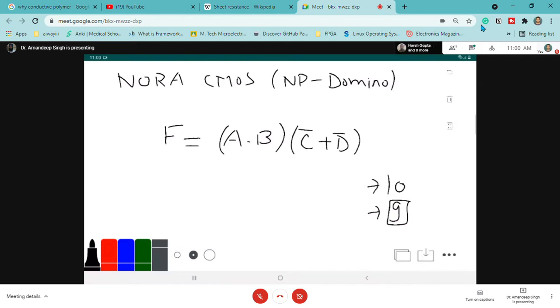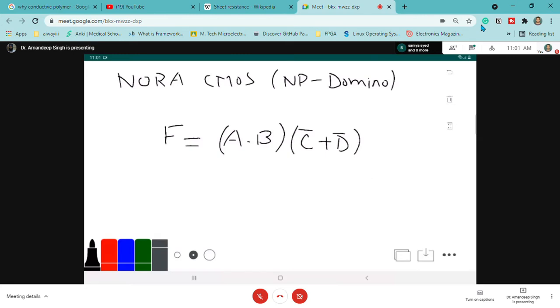If you want to implement using N and P, one part of the logic can be implemented using N and one using P. But your circuit is basically inverting, so you will get the output inverted. We have to think accordingly.